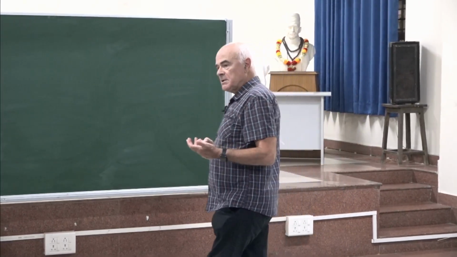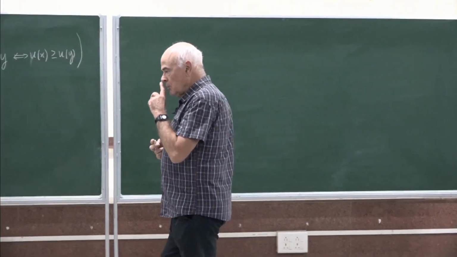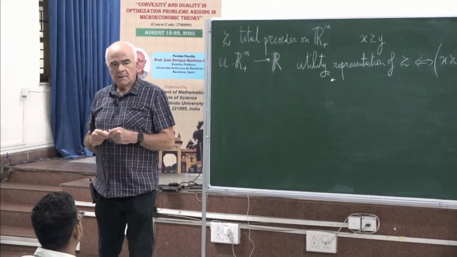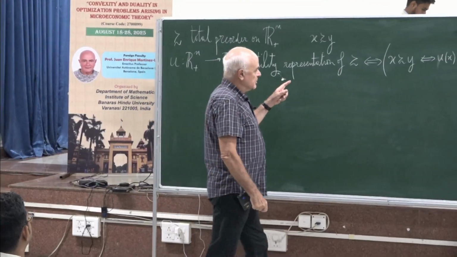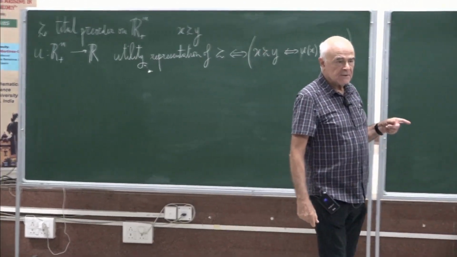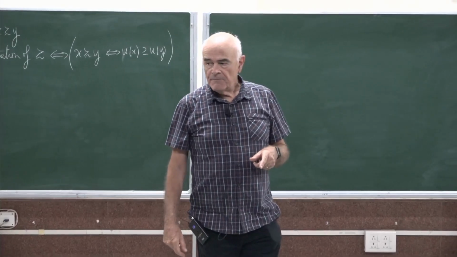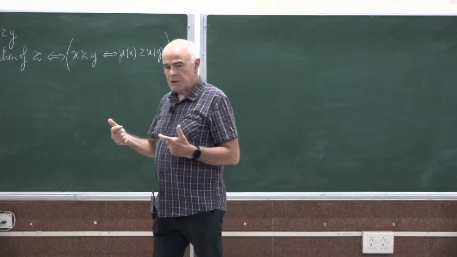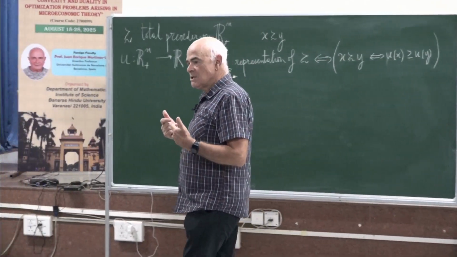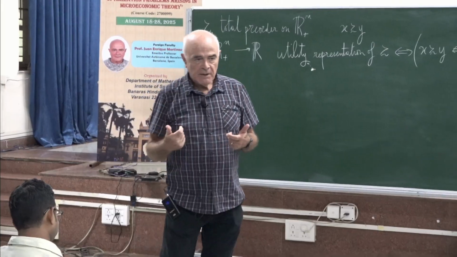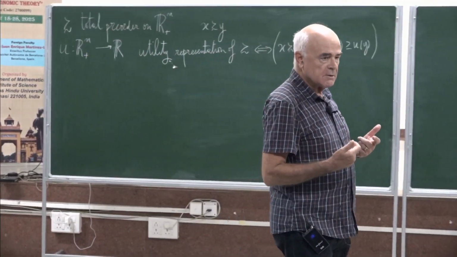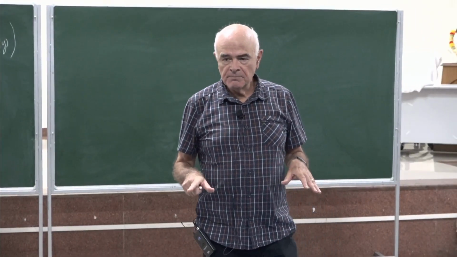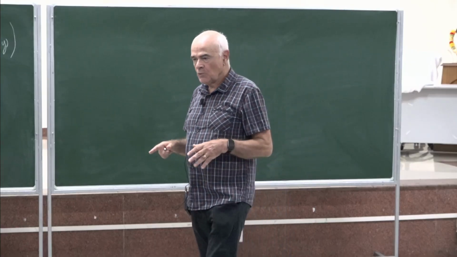And I presented a theorem due to Gerard Debreu, which says that such a utility representation exists and is continuous if and only if the total pre-order is continuous, which means that its graph is a closed set. Its graph being the set of pairs xy such that x is preferred to y.